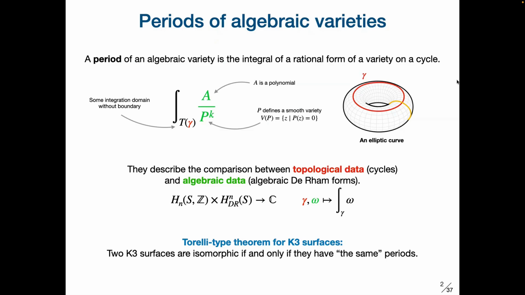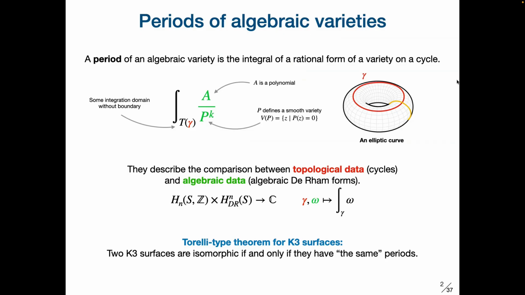So you can understand these integrals, which really are just complex numbers, as something that describes a comparison between two different kinds of cohomologies for your varieties, which are of different nature. The first one being the integration cycles, which tell you about the topology of your variety.